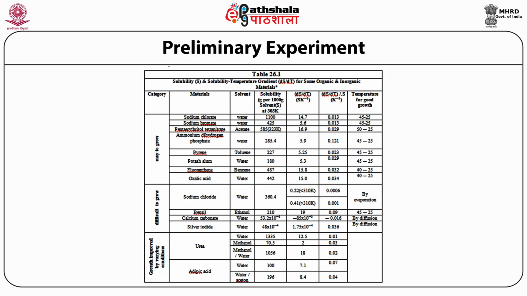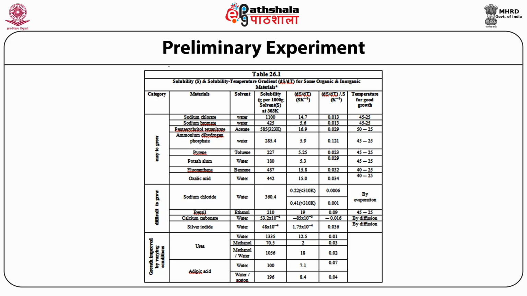The materials considered are sodium chlorate, sodium bromate, and many others which are easy to grow. Then sodium chloride, benzyl, calcium carbonate, silver iodide, which are difficult to grow, and urea and adipic acid, which are growth improved by varying conditions.